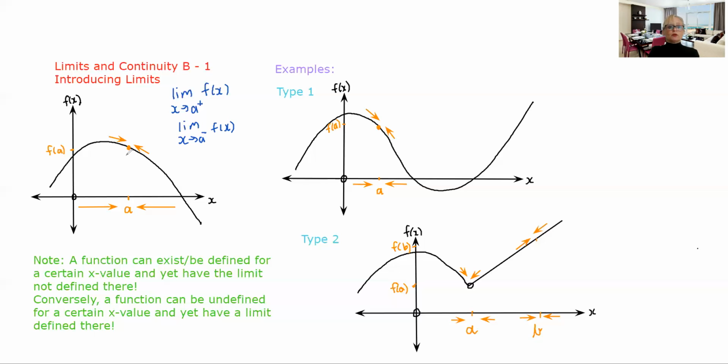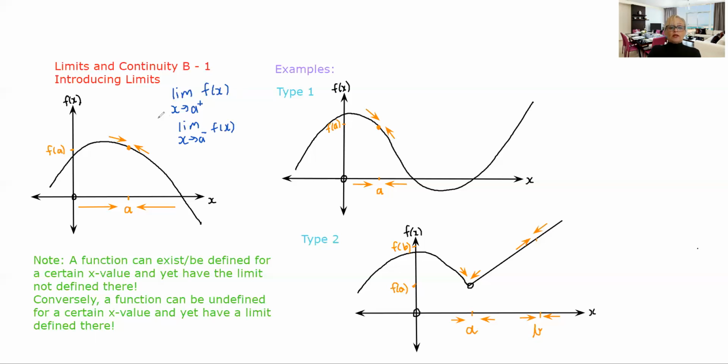So there's no problem with just basically subbing into the function to get the y value there. As we're coming in from the left, we'll notice also that the function is getting closer and closer to the value of the function when x equals a. So in a very simple case like this, really the limit is just going to be f of a. However, of course, there are a lot more different possibilities where things get a little bit more interesting.